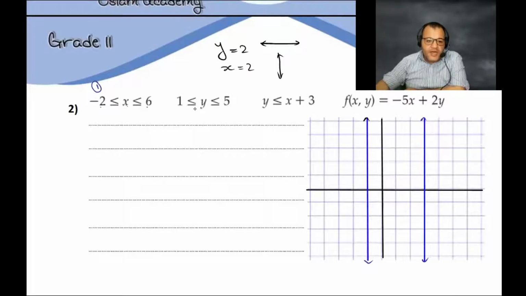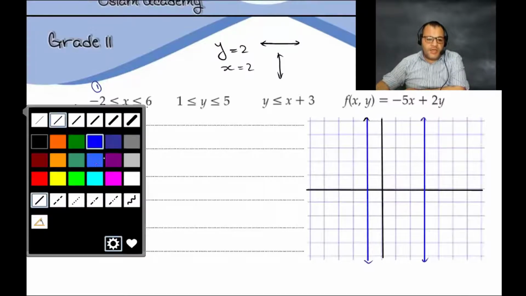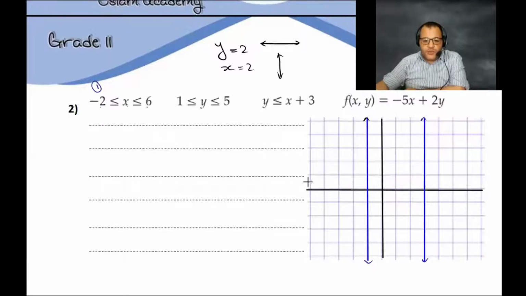What is the meaning of y is greater than or equal to 1 and smaller than 5? It will be horizontal lines, parallel to the x-axis. The first one is at 1 and the second one at 5.